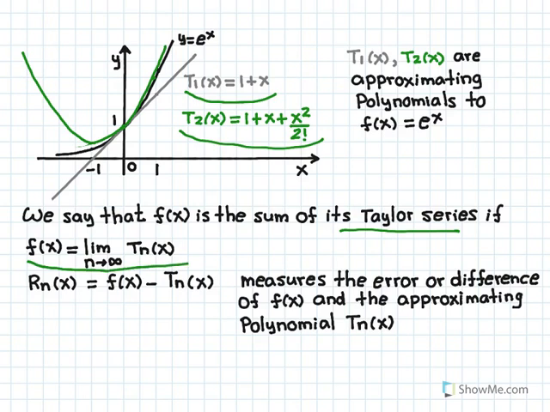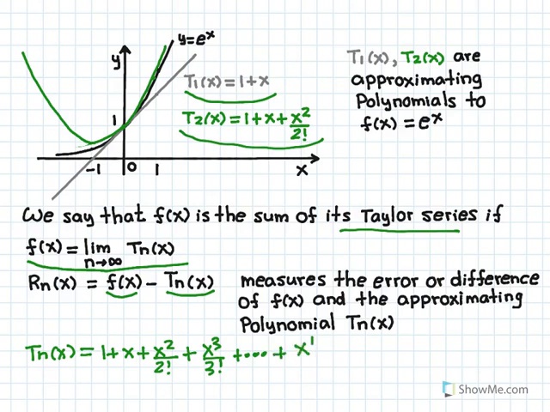Let's define the error. The error is the difference between the function and the terminating polynomial, because if you have a polynomial of degree n, we terminate it at the power of n. So let's write Tn of x. Tn of x for the case of e to the x is going to be 1 plus x plus x squared divided by 2 factorial plus x cubed divided by 3 factorial, and so on, and we terminate at the x to the power of n term, x to the n divided by n factorial.